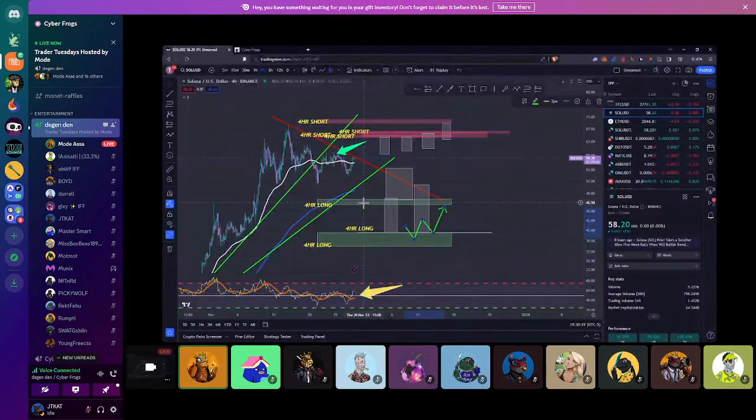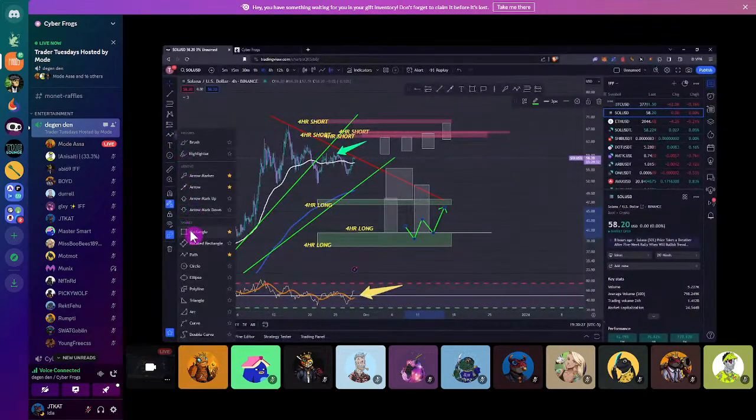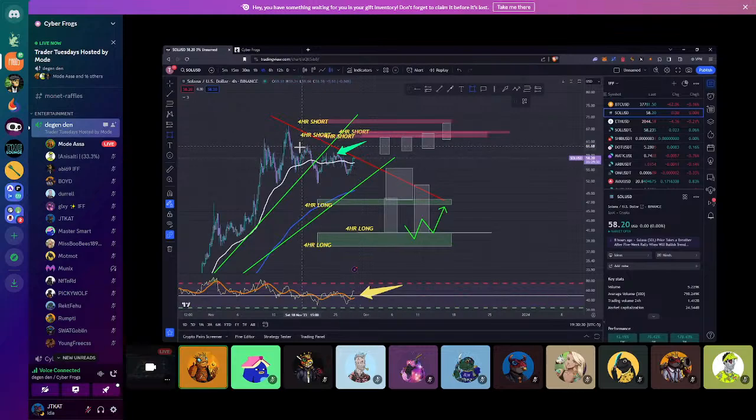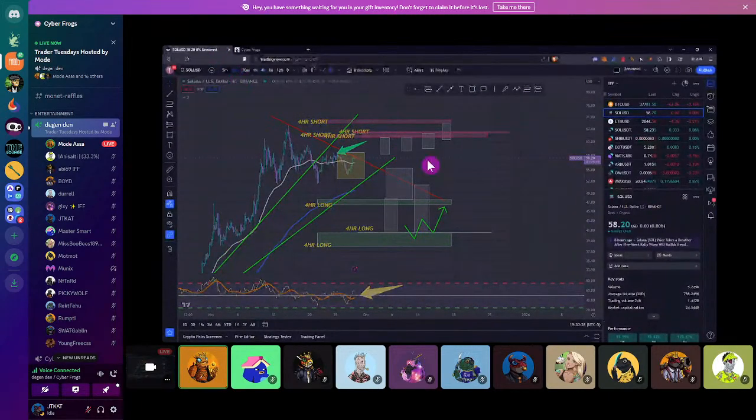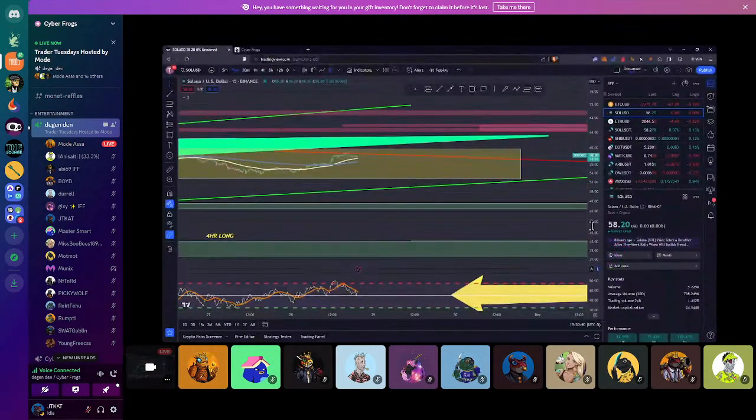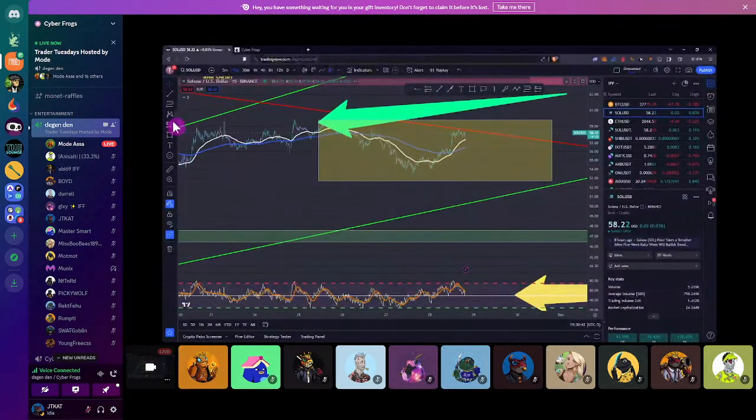What this means is, if we zoom in, I'm going to draw a tiny box real quick. If we just look at, say, this box right here. If we go into a 15-minute chart, you can see how many different little pumps and little dumps there's been, right?